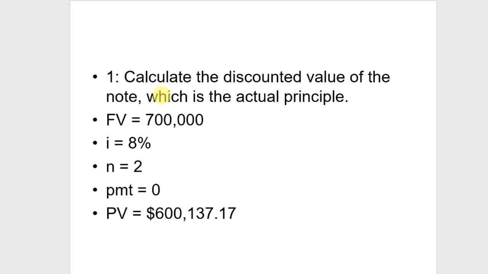So remember, if you were not able to get this number exactly, remember to clear your calculator, and key in 700,000, hit the future value key, 8, hit the I per year key, 2, hit N, and just in case if you wish, 0 for payment, and you hit your PV key, you will get this number.